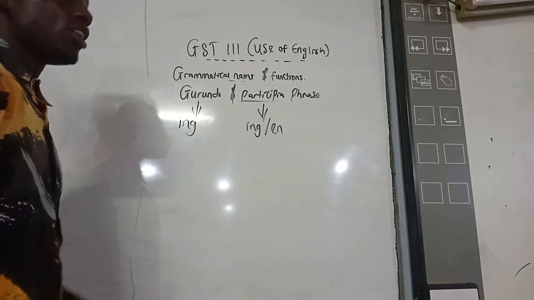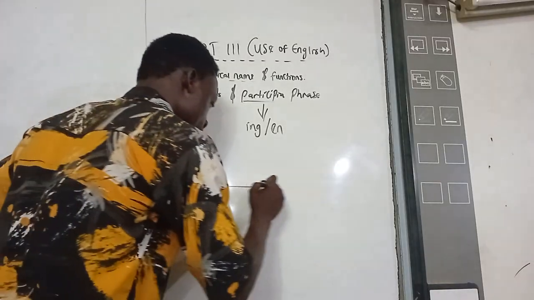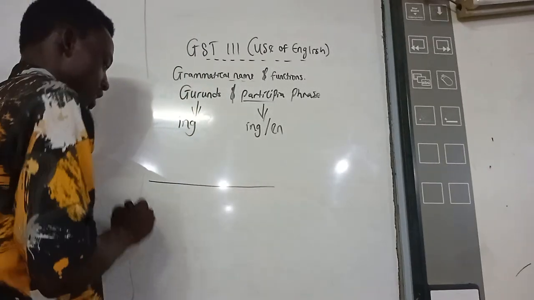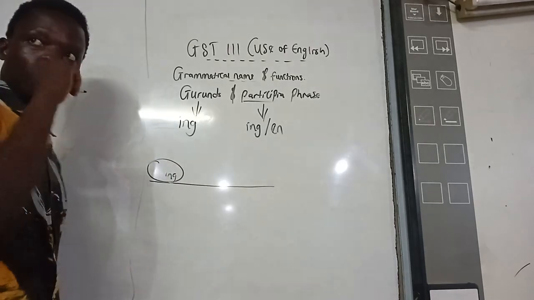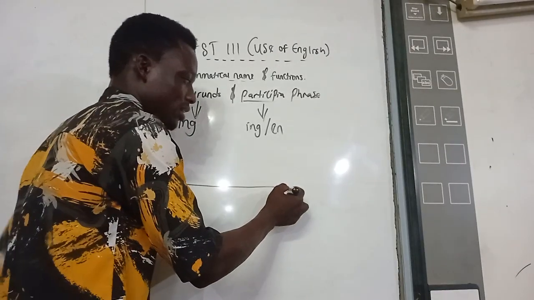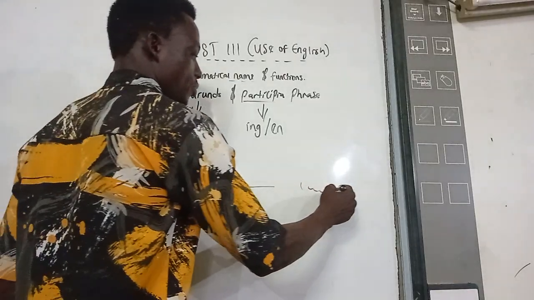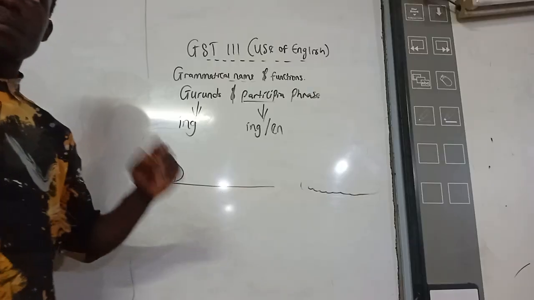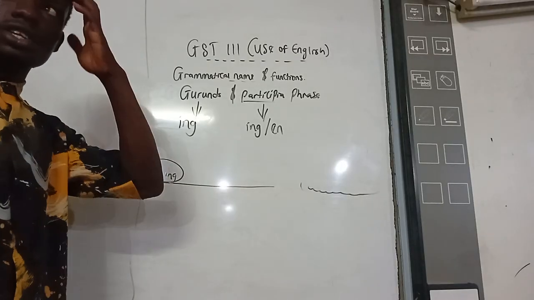For gerundive, if you have a group of words that are underlined, with a word ending with ing at the beginning, and there is no comma here, and then we have some other words that are not underlined, it gives you almost a perfect clue that it could be a gerundive.